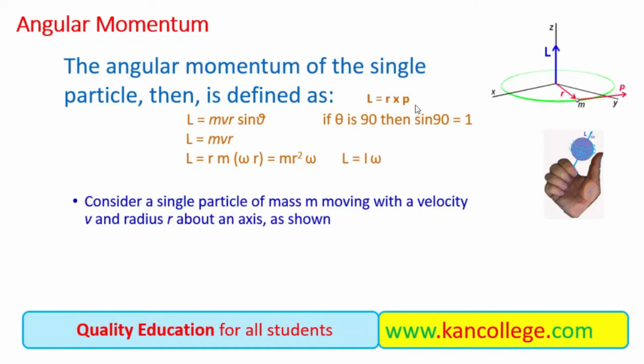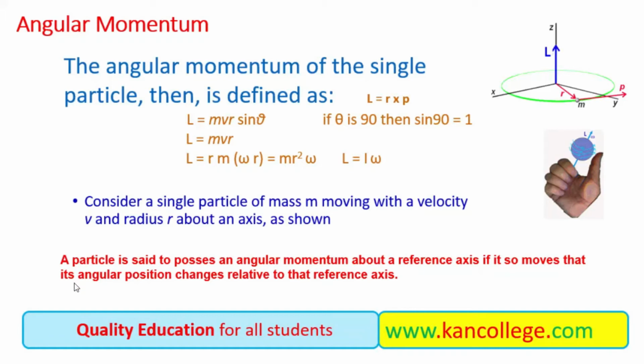So whenever we use the formula p cross r, the direction will be wrong. So it is a convention that for anti-clockwise movement of the body, the angular momentum is taken in the upward direction. And when we see the angular momentum vector in the upward direction, then anybody can understand the body is rotating in the anti-clockwise direction.